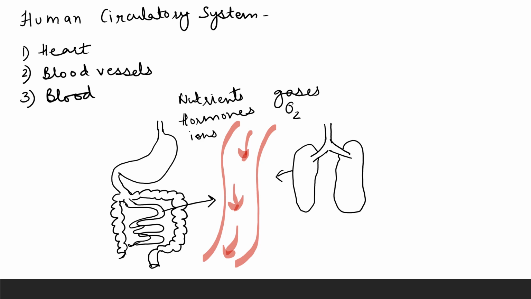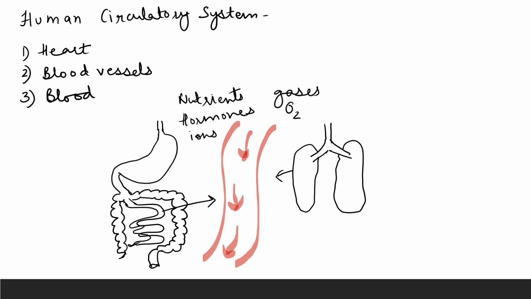So these are the things which will go into the bloodstream. Now the question arises, our whole body needs blood, right? So each and every organ needs blood. Now how will these nutrients and oxygen be transported to different organs?